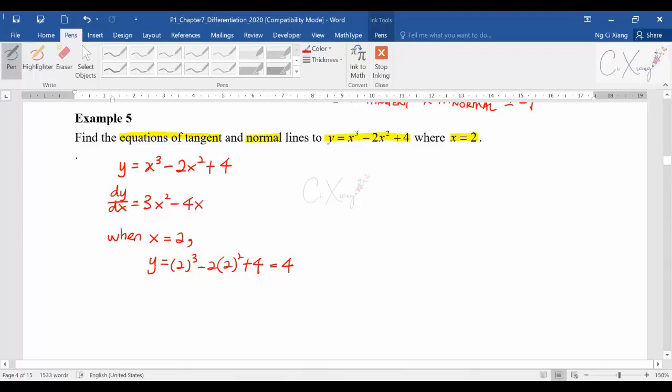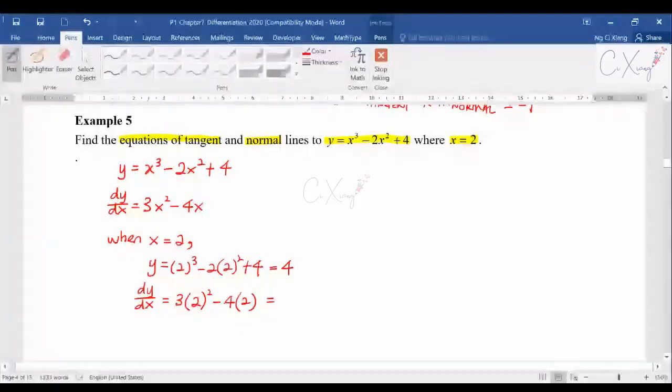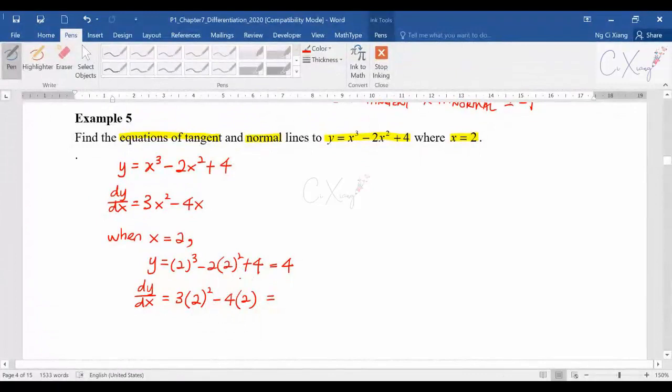Alright, so you get a point already. Now you need to get the gradient of tangent, so I need to find dy/dx. Just now you already know that dy/dx is 3x squared minus 4x, so now you substitute the 2 into your dy/dx. When you substitute 2 into the dy/dx, you'll get a 4 as well.